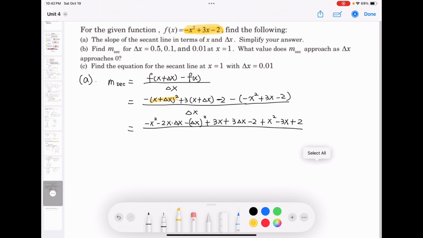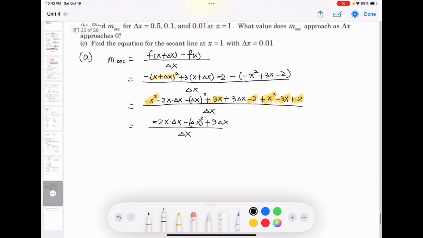So let's do the cancellation. Minus x squared plus x squared. Then plus 3x minus 3x. Minus 2 plus 2. We canceled out a lot of terms. So on the top, we have only 3 terms: negative 2x times delta x minus delta x squared, and then plus 3 delta x, over delta x.